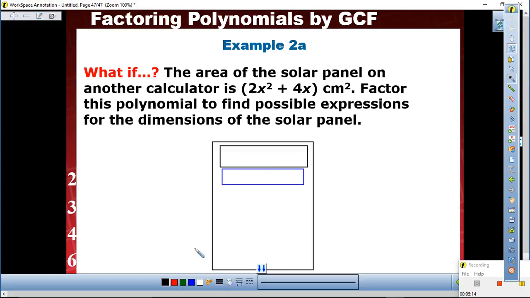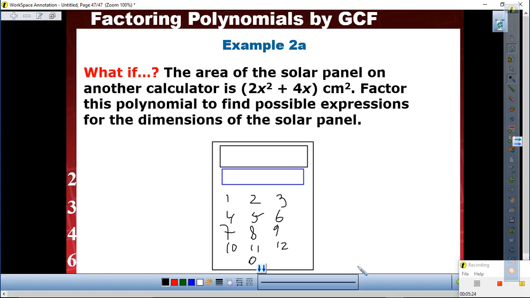And then you have your numbers right here: 1, 2, 3, 4, 5, 6, 7, 8, 9, 10, 11, 12. Division, multiplication, addition, subtraction, and an equal sign. So, this solar panel has this area, so we write in here 2x squared plus 4x.